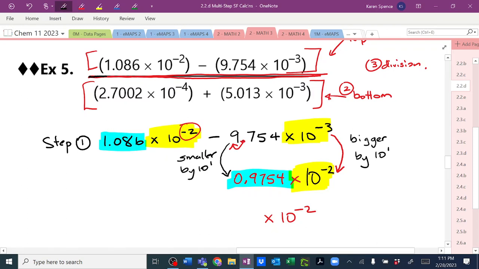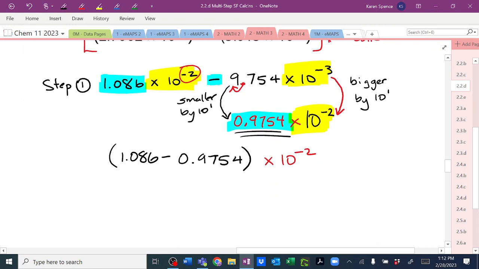And our coefficients are 1.086, and then we are subtracting the other coefficient, 0.9754. And remember, you're going to use your calculator only on the coefficients.